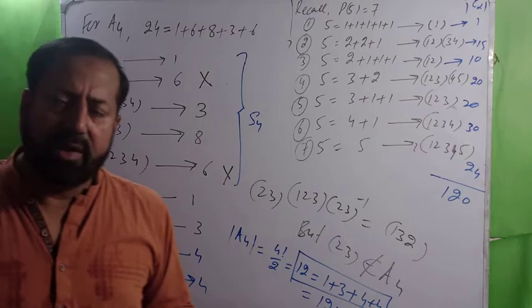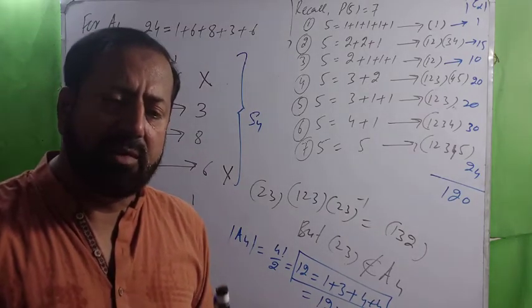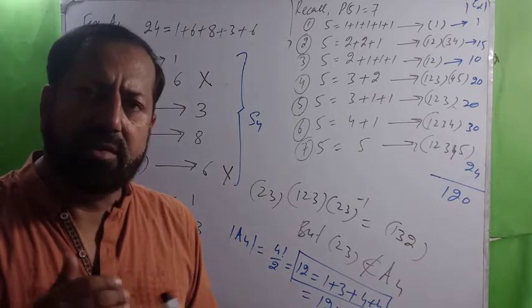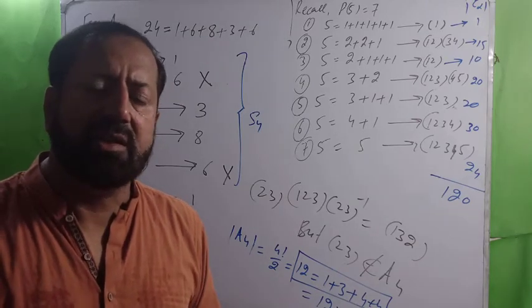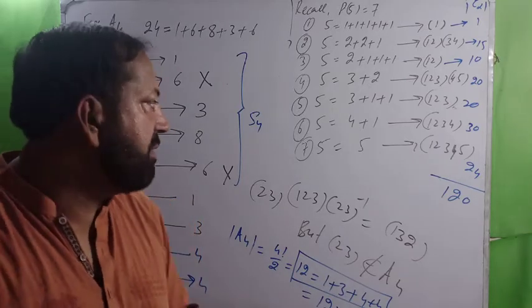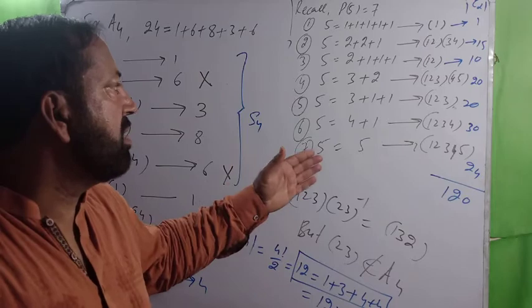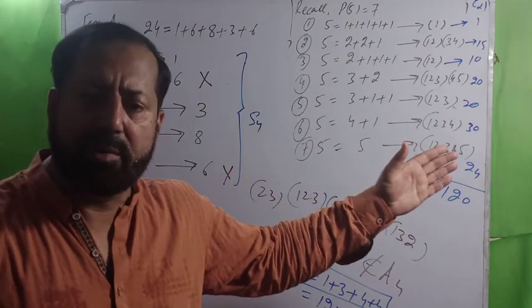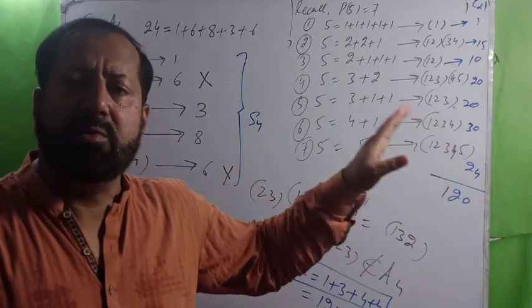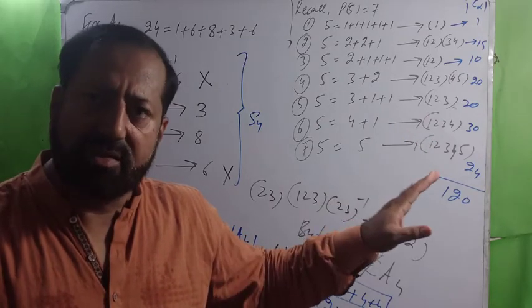Now I can directly write a tableau, and from the tableau you can practice the rest of the examples like S5, A5 and then A6. In this way, first write the partitions, then write the types of permutations, then corresponding to every permutation you can find the size of the conjugacy class, right?